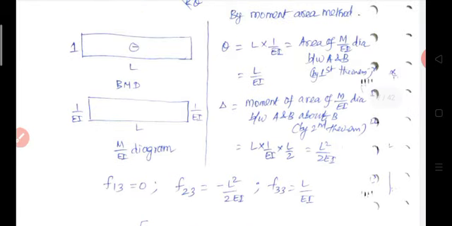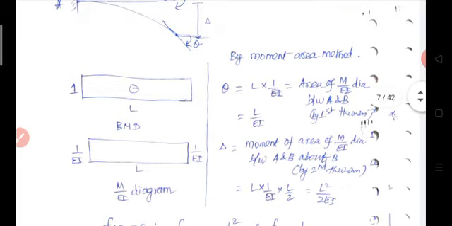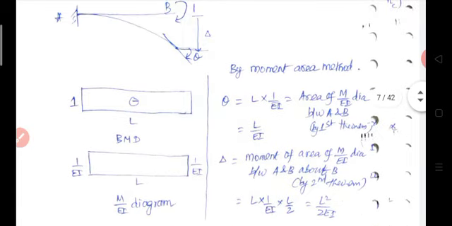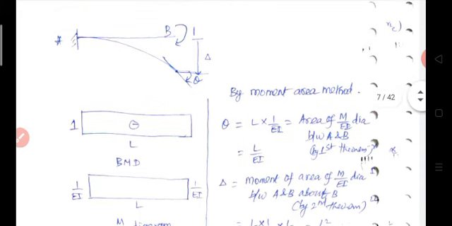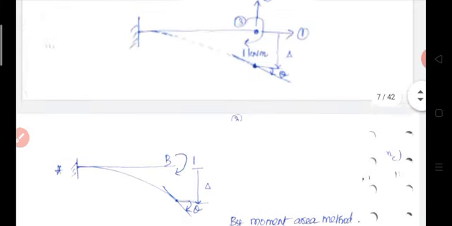Then F23 is equal to minus L square by 2EI. F23 means a displacement in the direction of 2 due to unit force in the direction of 3. The second coordinate is a transverse force, so we have to consider the displacement. Force means displacement, moment means rotation.